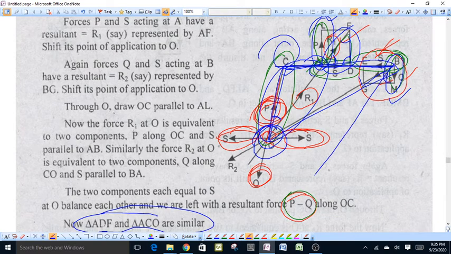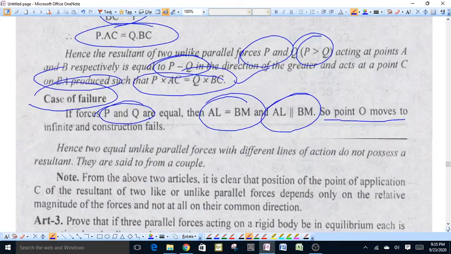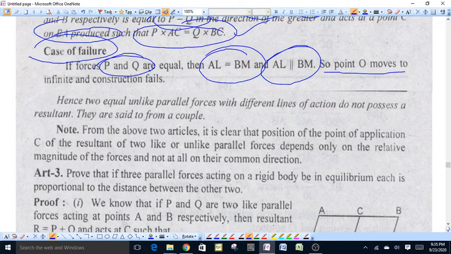These two forces R1 and R2 will be parallel, and the lines of action of these two forces R1 and R2 will never meet. Therefore, their resultant moves to infinity.